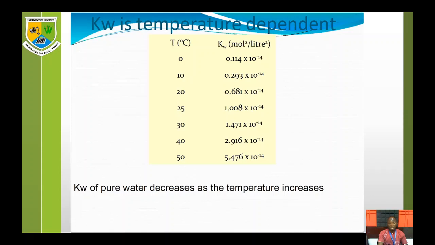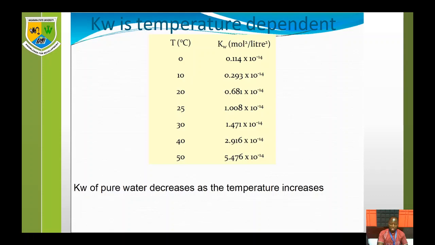So at 0 degrees centigrade, the equilibrium constant of water is 0.114 times 10 raised to power minus 14 moles squared per liter squared. At 10 degrees centigrade, you have 0.293 times 10 raised to power minus 14.